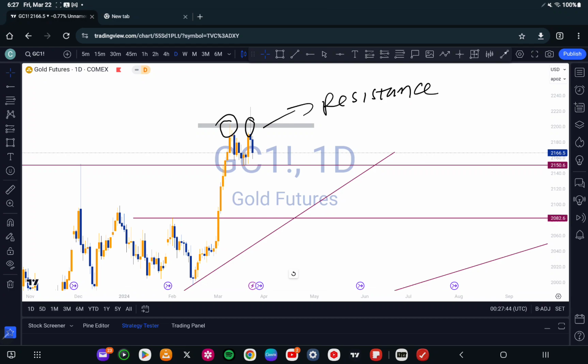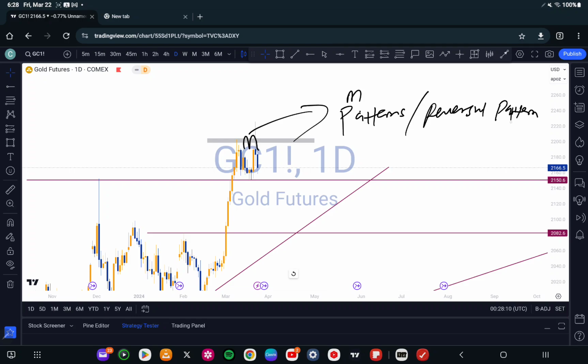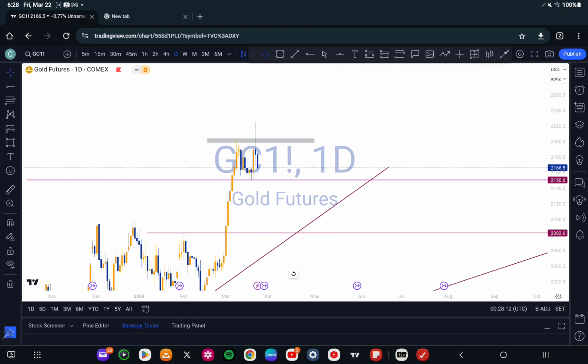So for us to actually buy on the markets to be safe, it will be better for it to at least come up here and break the zone right here with a momentum of buy. Then that will solidify that we might continue to push to the upside. That's a possibility, because we can see that it's giving me some sort of M pattern, and we know the M pattern is a reversal pattern, so that means there's a possibility for it to actually push to the downside.